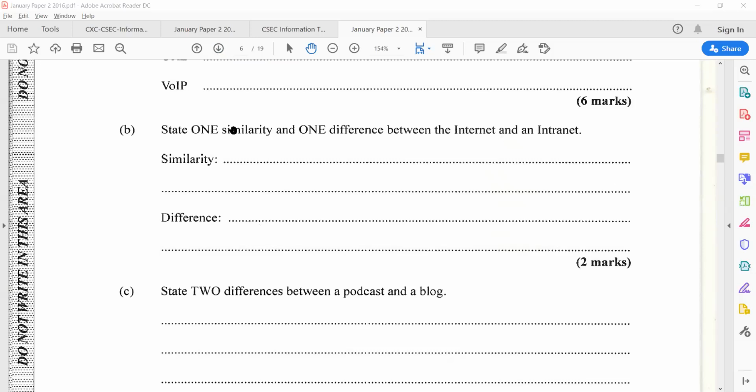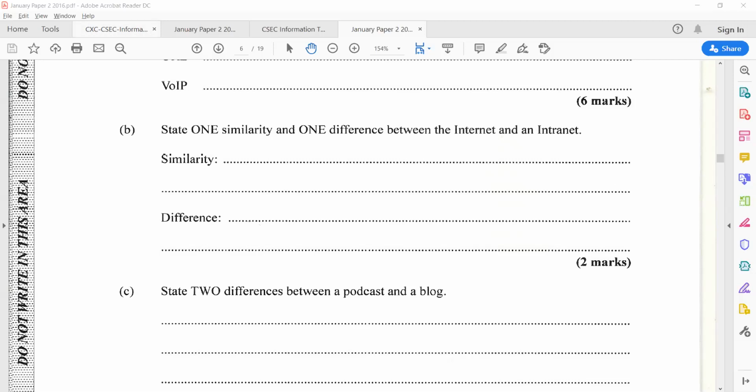In terms of similarity, both the intranet and internet allow users that are connected to send messages to other users. And a difference is that with the internet you can access unlimited information. Yes, that is a difference.